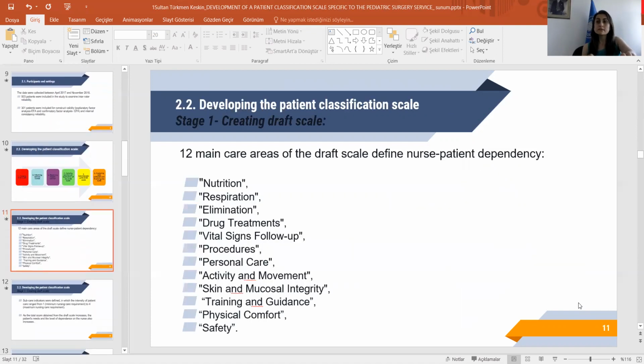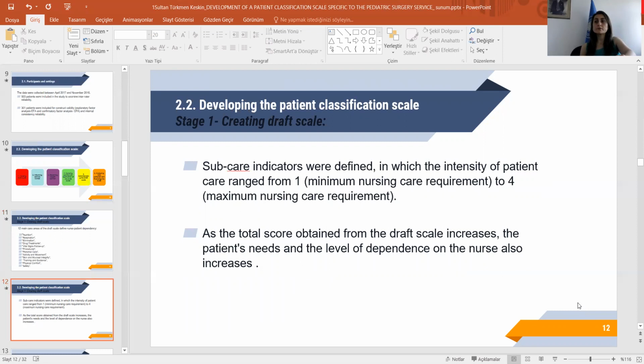Stage 1: based on the literature, the researchers determined 1 dimension and 12 main care areas specific to pediatric surgery patients. The main care areas of the draft scale are nurse-patient dependency, nutrition, respiration, elimination, drug treatments, vital signs follow-up, procedures, personal care, activity and movement, skin and mucosal integrity, training and guidance, physical comfort, and safety.